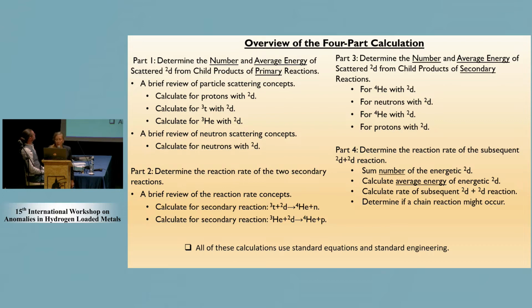Then things will go much faster. Part 3 repeats the scattering calculations for the child products of the secondary reactions, and Part 4 determines the reaction rate of the subsequent D2 to D2 reaction. All of these calculations use conventional engineering to make these determinations.